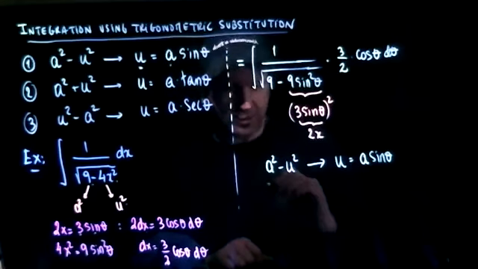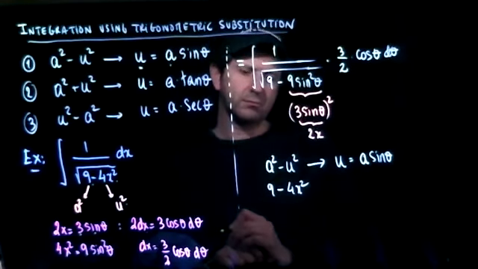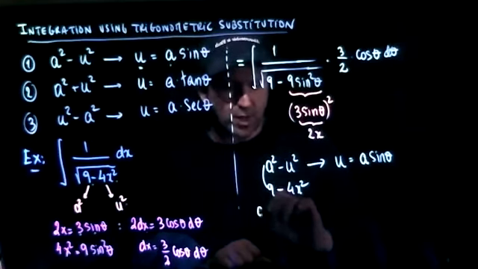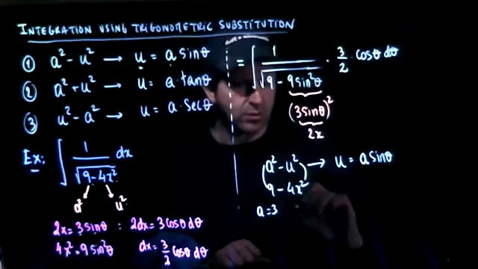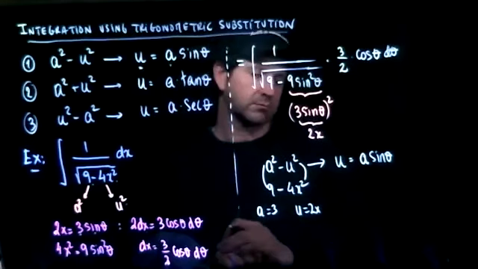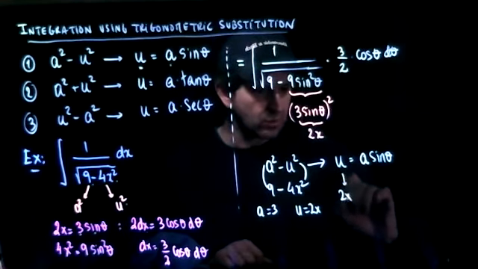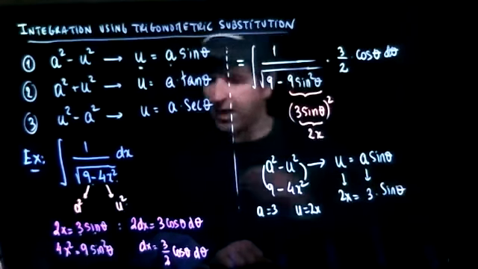Now what do I have here? I have 9 minus 4x squared. This means that A squared is 9, so A is 3. Is that okay? And then U squared is 4x squared, so U is 2x. Is this good? Yeah, thank you. So now here I replace U with 2x, A with 3, and sine theta. That's what I have there on the bottom in pink.